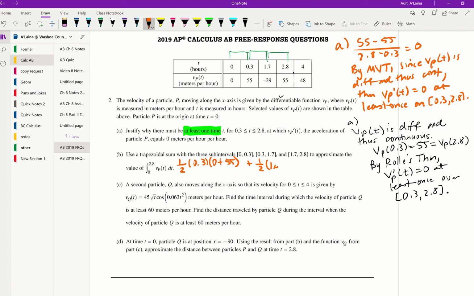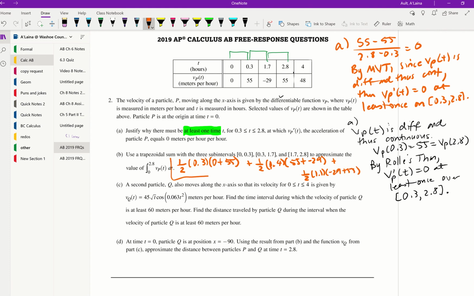This will be 1.4, and then times the sum of the heights. I want you to notice I put plus -29 instead of -29. It's probably not that big of a deal, but I think it's a good idea. We want them to know that we know the formula for a trapezoid. And then 1/2 times 1.1 for that change in the t values, and then -29 plus 55.